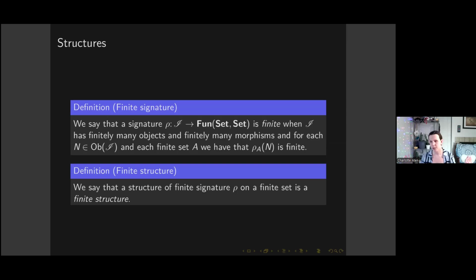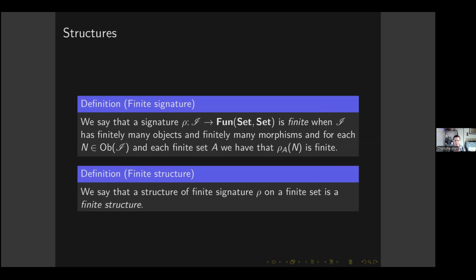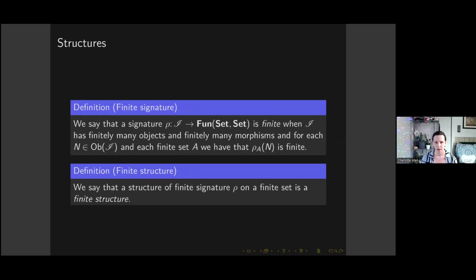So okay, now I can tell you what finite structures are. If we have a signature where the index category I is a finite category, finitely many objects and finitely many morphisms, and the source and target, the C and D, are both sets, then I'm going to say that's a finite signature when each of the full relations, the row A of n, are finite.